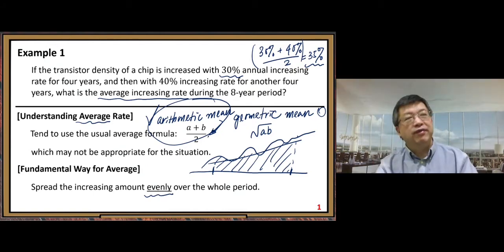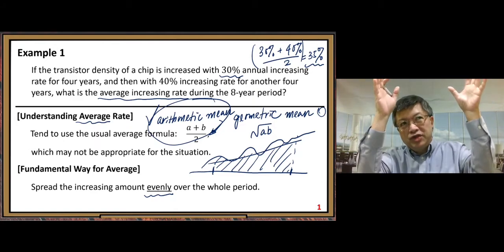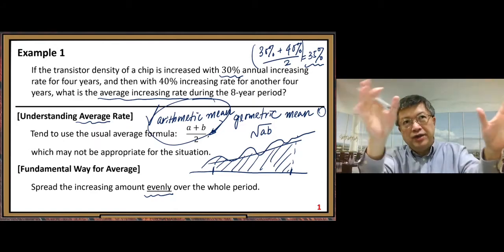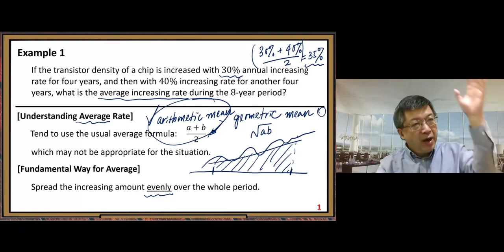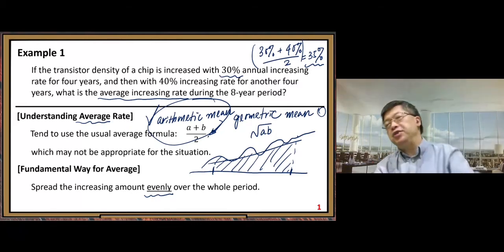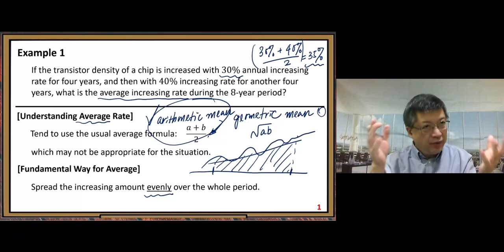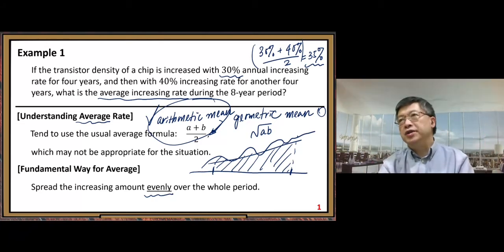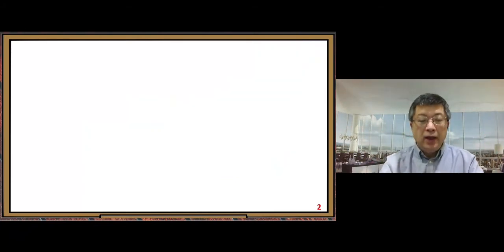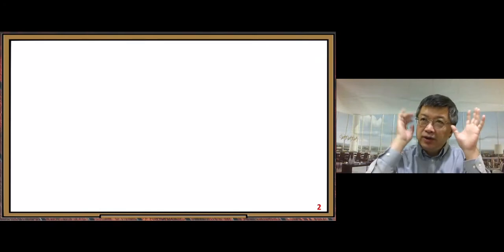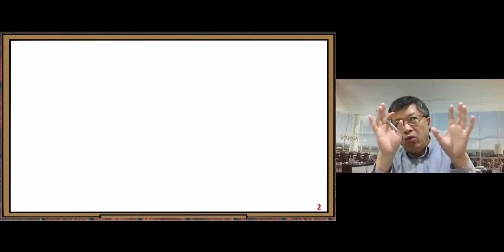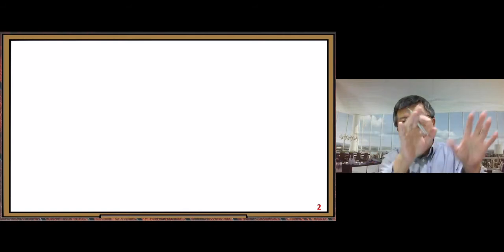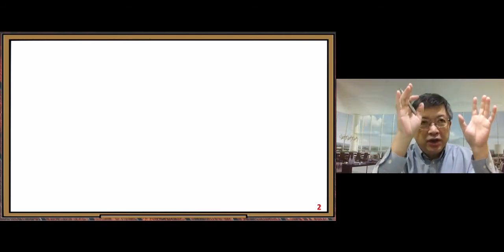So this is the fundamental understanding. If you start with this understanding, you will be very likely to get a correct answer. For this example, we will use this understanding. Next, before we work on the correct answer, I want to point out why our previous answer is incorrect.